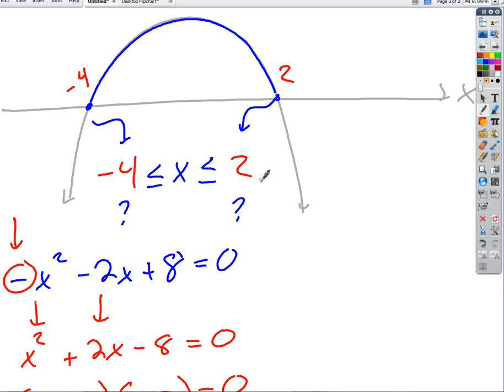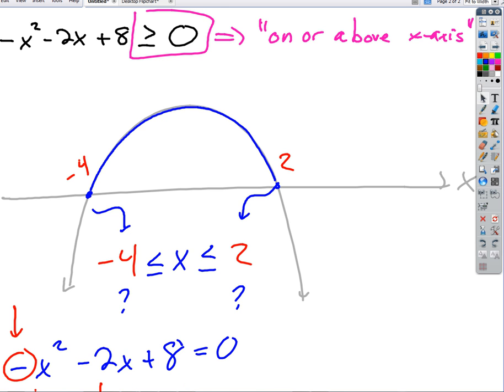Now, obviously, if you have your graphing calculator, this would be a pretty easy problem. Instead of sketching it, it would actually create the graph for you. But you still have to get the answer. If I were to graph y equals -x squared minus 2x plus 8 on my graphing calculator, I would have gotten this.